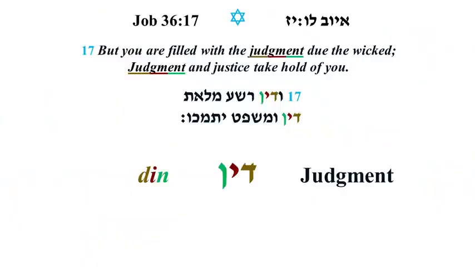Dinah is woman, female judge, has the hay on the end. Okay? We see it in Job 36:17. But you are filled with the judgment due the wicked. Judgment and justice take hold of you. There you see it twice. Din, judgment. Okay? And it begins with a Dalet.